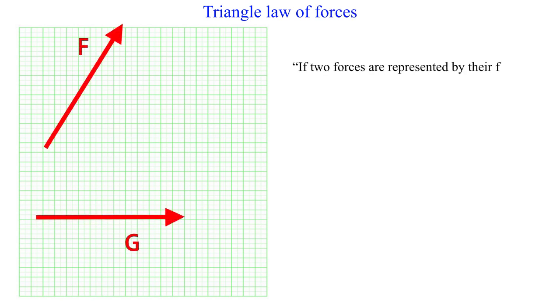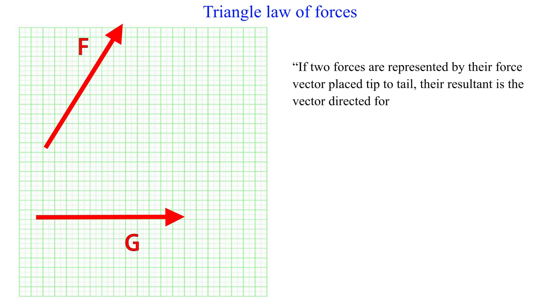Another law which is also used to find the resultant and is a corollary of the parallelogram law is known as the triangle law of forces, which states that if two forces are represented by their force vectors placed tip to tail, their resultant is the vector directed from the tail of the first vector to the tip of the second vector. Consider the force system.